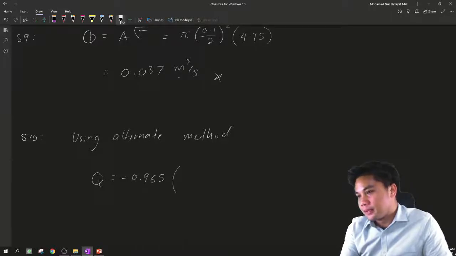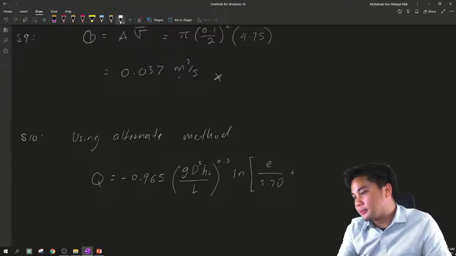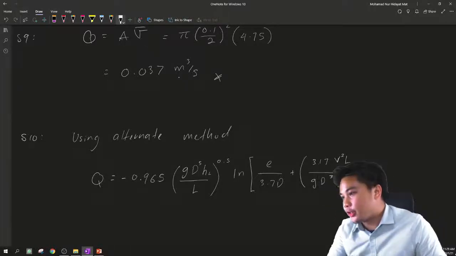Q equals negative 0.965 times gD to the power of 5 times hL over the total length, all to the power of half, times ln of the bracket roughness over 3.7 diameter plus the bracket 3.17 times nu, the kinematic viscosity, squared, times L over gD to the power of 3 hL, to the power of 0.5.